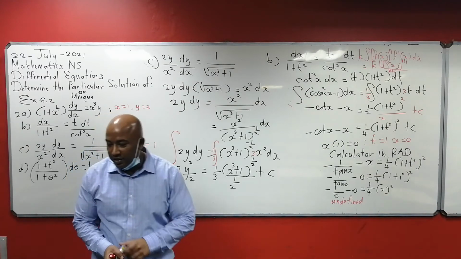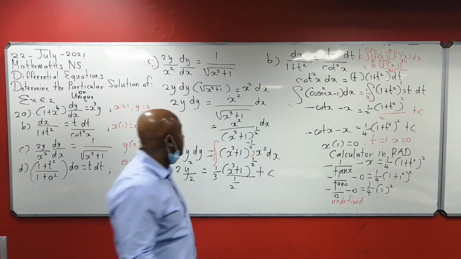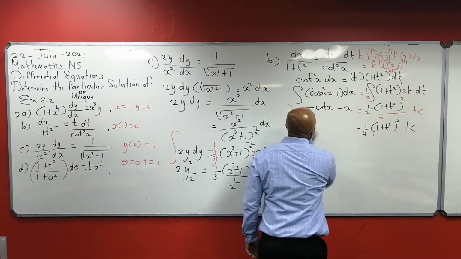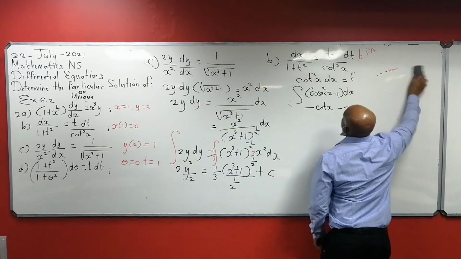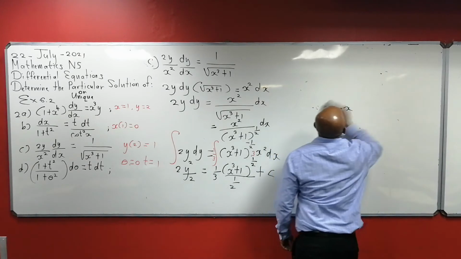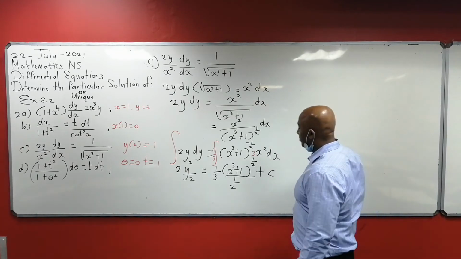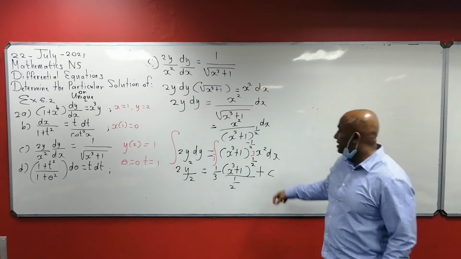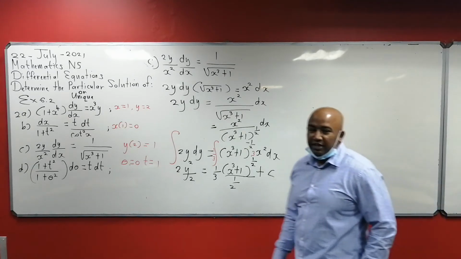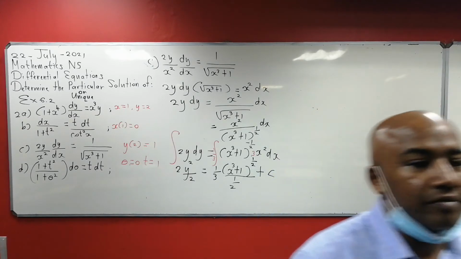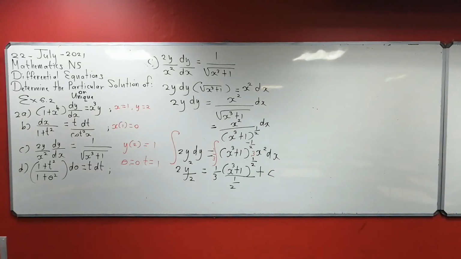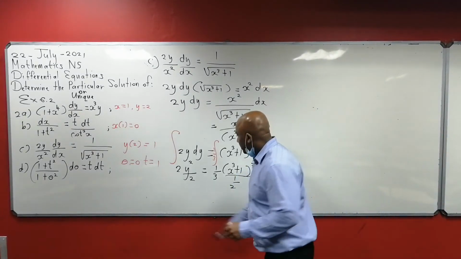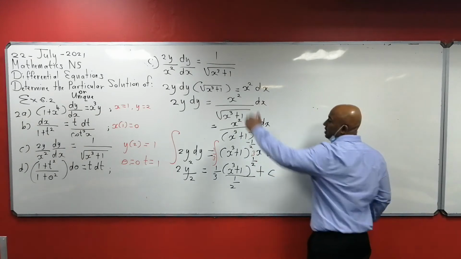Let's work out the particular solution. Let's just substitute our values. Let's find the value of c. You can simplify. Alright, if you want to, you can simplify that. 2 and 2 cancel.